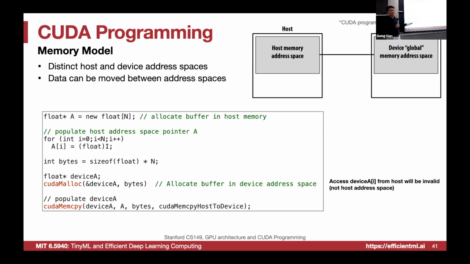And then we copy the data from the CPU to the GPU this way. Can we access device A from the host? The device A is addressed in the GPU memory. We cannot access the GPU memory in the host, in the CPU code segment.